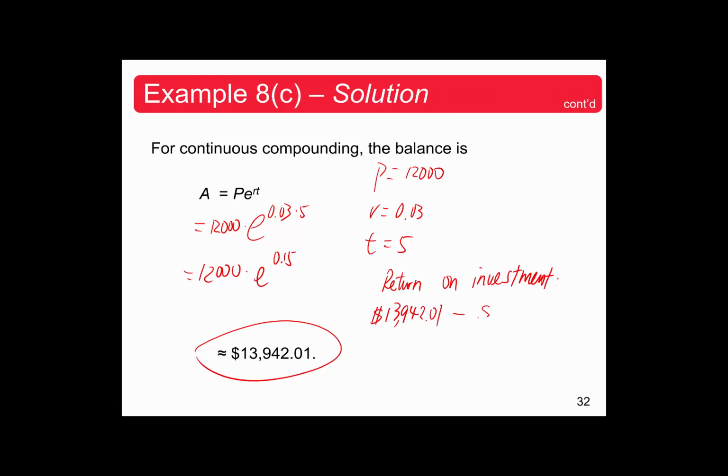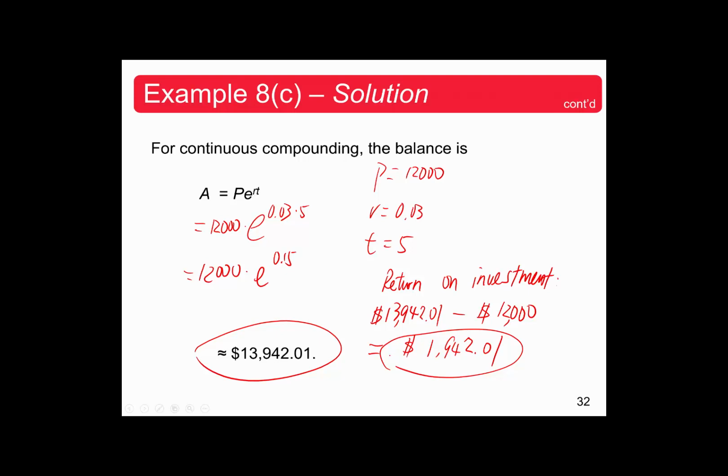Minus the initial investment, $12,000. The difference is the return on investment. That should be $1,942.01. If you compare all three options, continuous compounding is the best because it gives you the most return on investment.